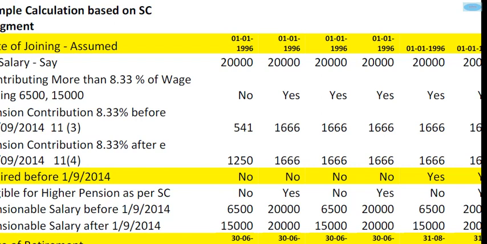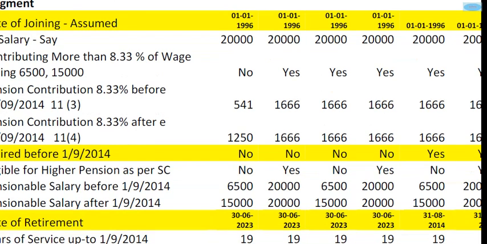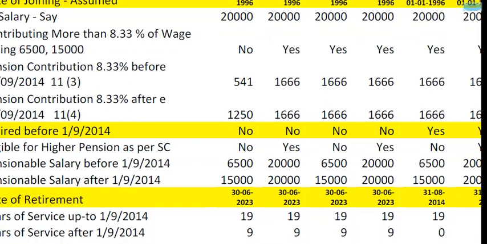Contributing more he is not doing, but the rest of the people are contributing above, means he is restricting himself to wage ceiling. That means he is contributing on 6,500, after the amendment 15,000, as the case may be. Both of them are contributing because here they are all excised, so they are getting it.